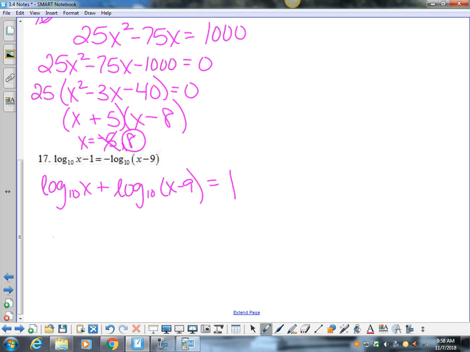So I'm going to condense. So I'm going to multiply. And I'm going to go ahead and distribute. Are y'all okay with that? Everybody see what I've done? Everybody cool? I condensed. So this is addition, so I condensed it with multiplication. I multiplied him times him and got that. So now I'm going to 10 it.